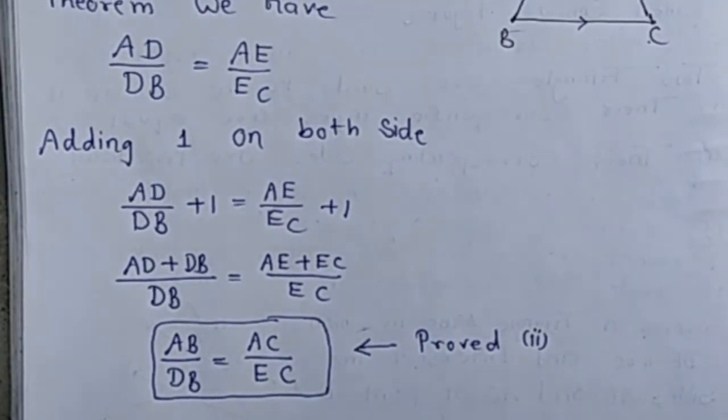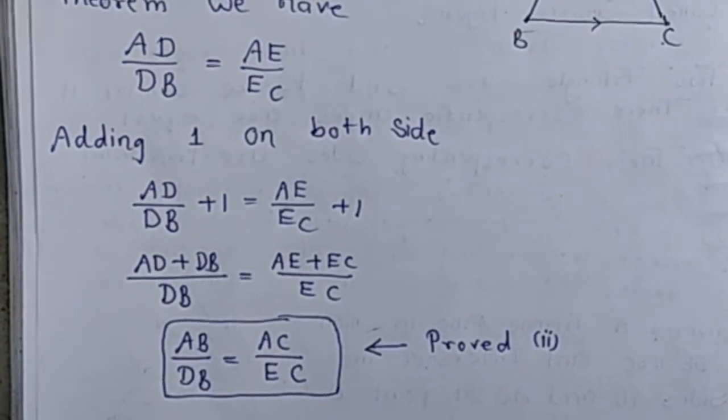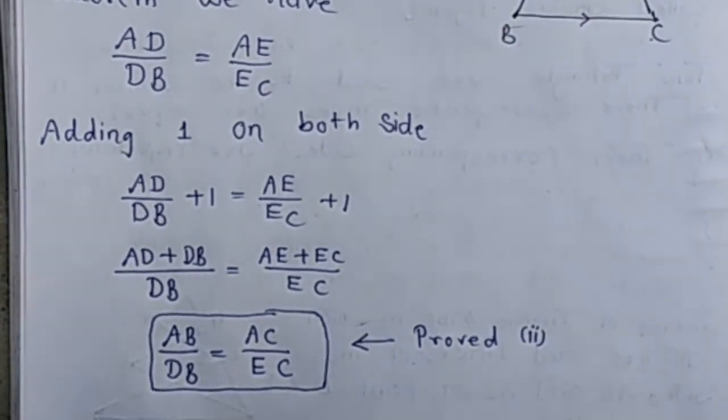Now for the first, AD by AB equals AE by AC.